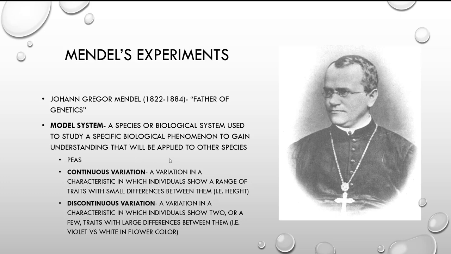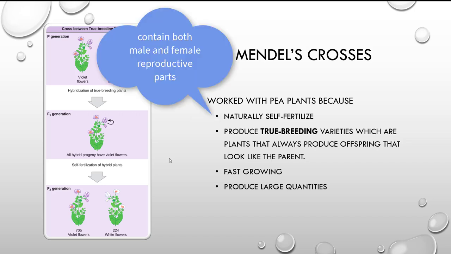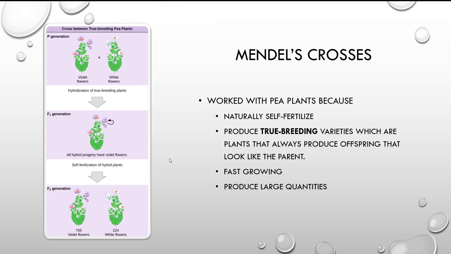All right, so let's take a look at his crosses. By the way, Mendel worked with pea plants because, for one thing, they naturally self-fertilize. What that means is that they possess both male and female parts. If you know anything about flowers, flowers are the sex organs of the plant.